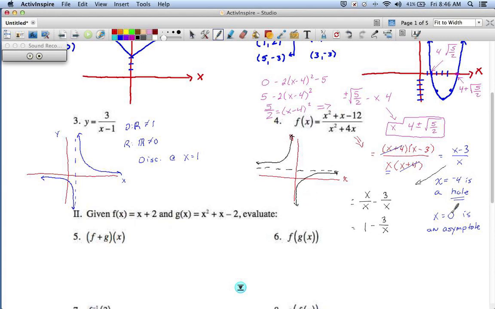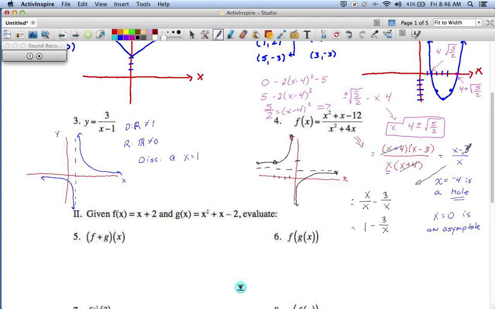Okay, well notice x equals 0 is an asymptote. I still have the y-axis, that's x equals 0. It is not crossing that. Okay, and also recall negative 4 is a hole, so I need to go over here to negative 4. Put a hole in my graph. And then I want to find out what that y value is. Well, I simply plug in negative 4.